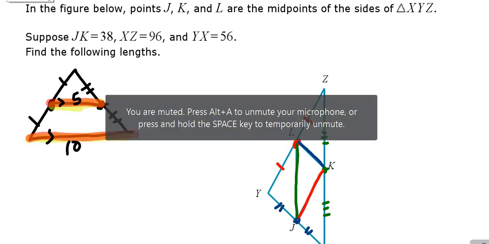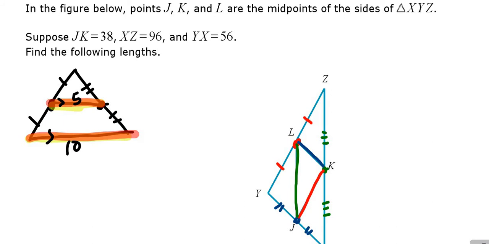So in this diagram, we are told that JK is 38. And we're told that XZ is 96.